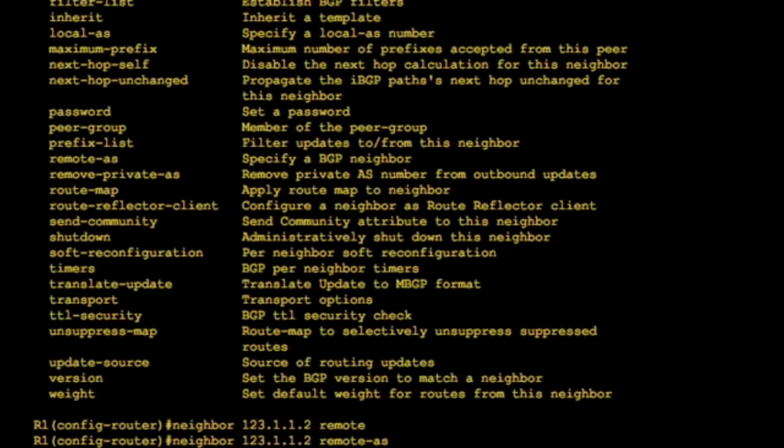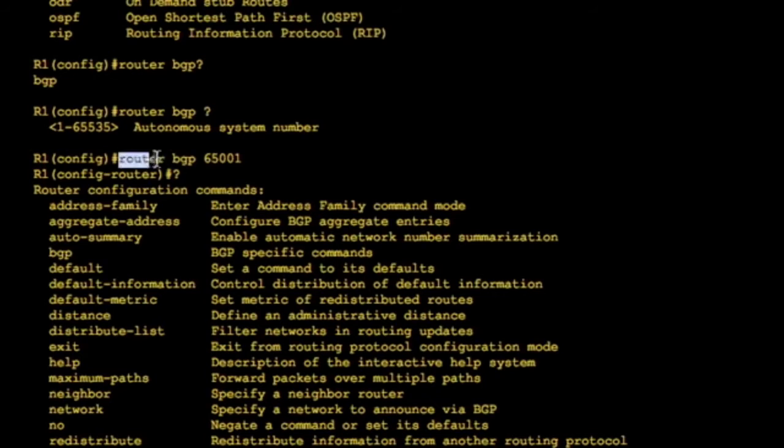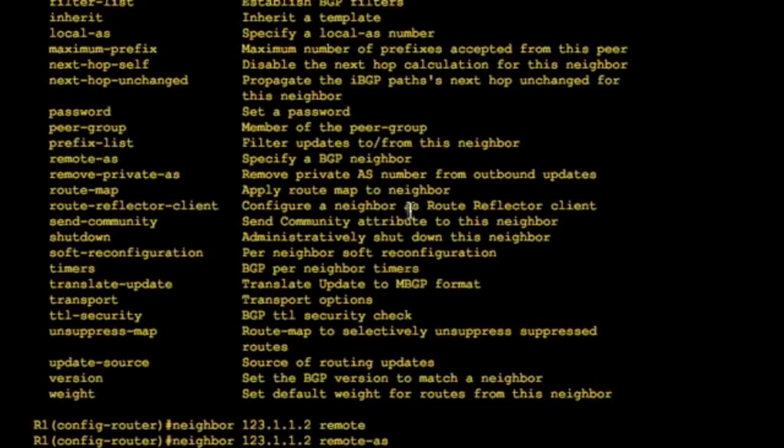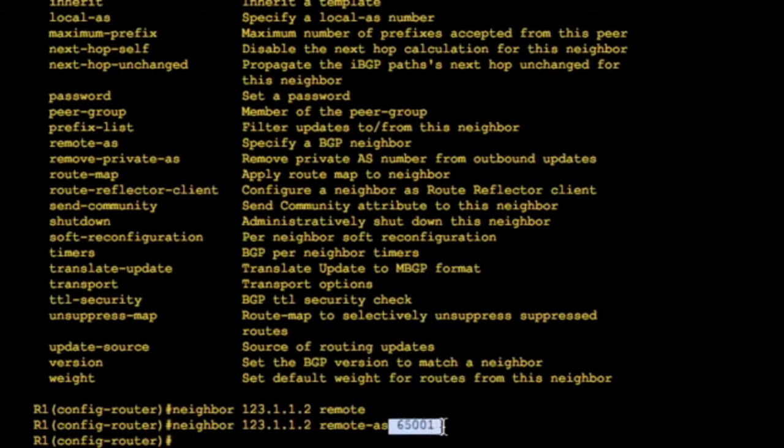So our local AS, if you remember, was 65001, and R2's still in our AS 65001. So R2's remote AS number is also 65001. Now the reason for that is we've got the same autonomous system number, and therefore we're under the same autonomous control.